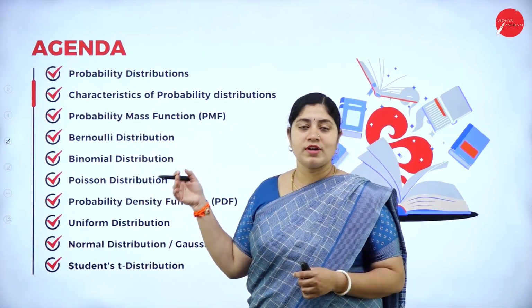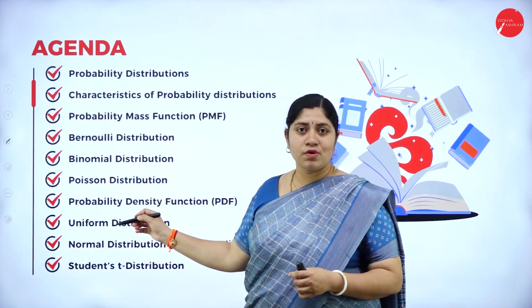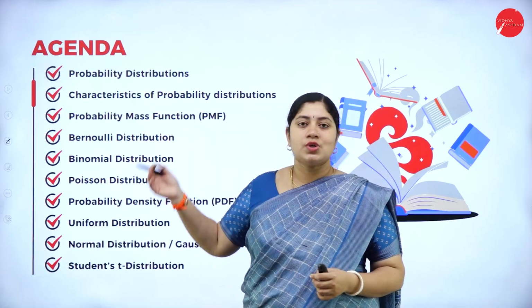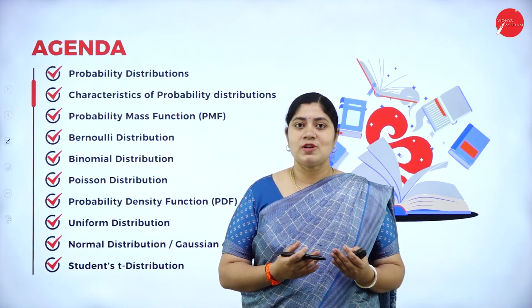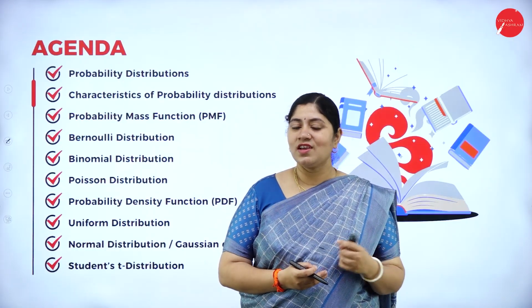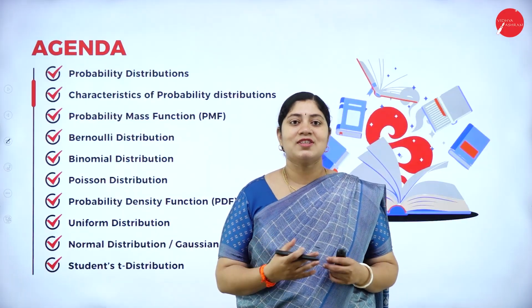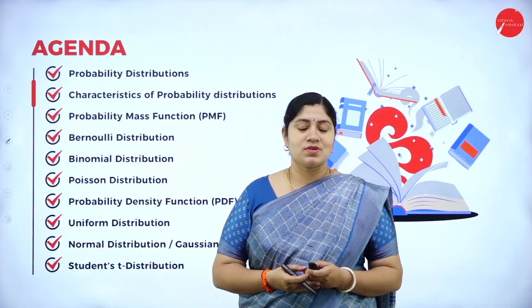Then we also have continuous probability distribution, under which we will learn uniform distribution, Gaussian distribution and Student's t distribution. Let me tell you, this is a very important session with respect to your Unit 3, because these are important things that you can expect for your exams.